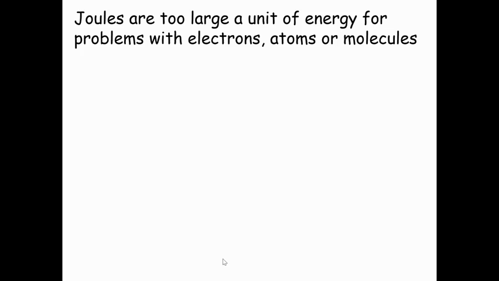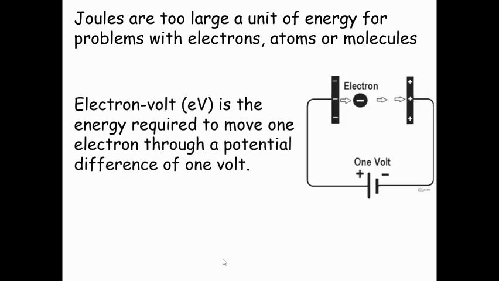And joules are too large a unit of energy for problems with electrons, atoms, or molecules. So there's one other unit that we have to introduce here. If we're talking individual electrons, the electron volt is the unit of energy that is more appropriate. So sometimes instead of joules, you'll see the unit electron volt.